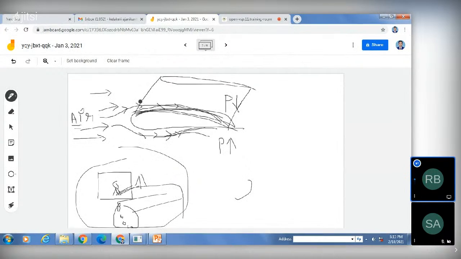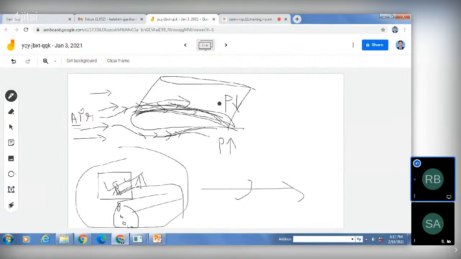So similarly, if your air is moving very fast over the upper surface, then there will be less pressure. Similarly, here for the upper surface, if air is moving very fast, then pressure will be low.